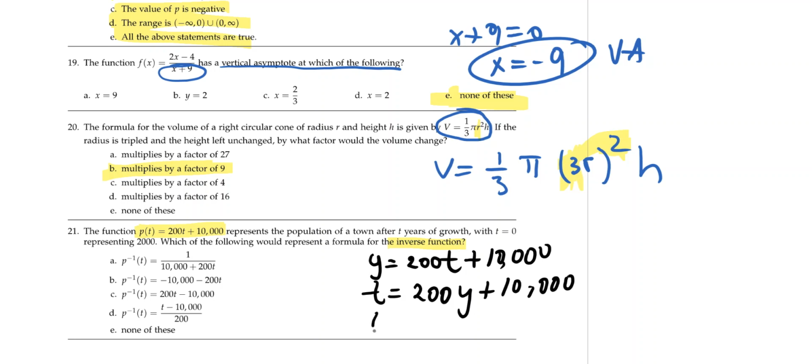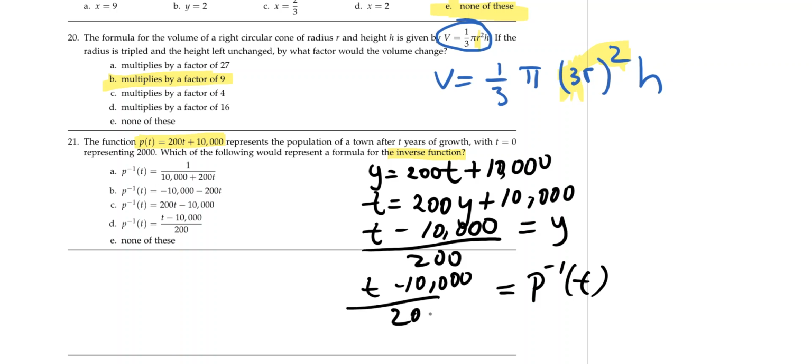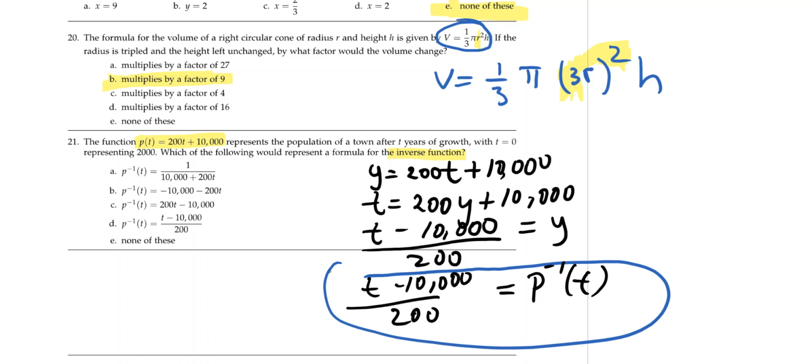So solving for y, I'm going to subtract 10,000 and then divide by 200. So that's going to be my y. So this is the inverse. This is p inverse of t, and this is t minus 10,000 over 200. All right, so the answer is D.